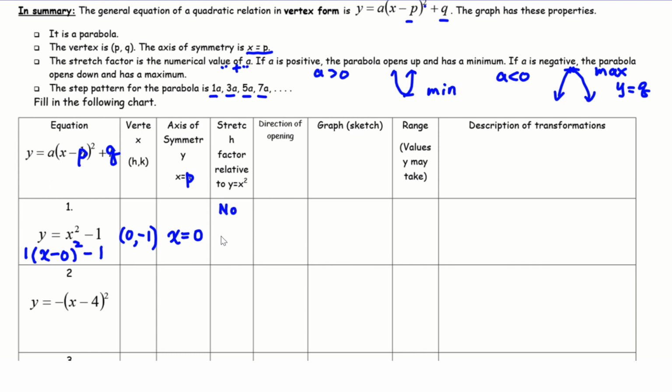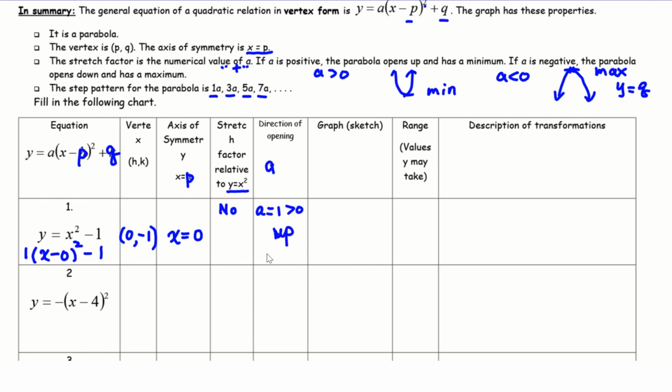No stretch means the shape of the parabola is exactly the same as the parent function y equals x squared. This is the simplest function in the quadratic family, the parent function or base function y equals x squared. For the direction of opening, we check the a value. A equals 1 is greater than 0, so we know it opens up.